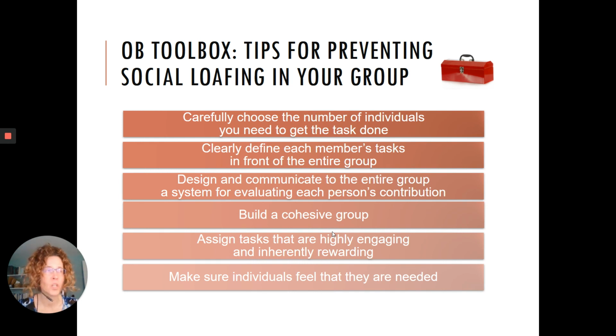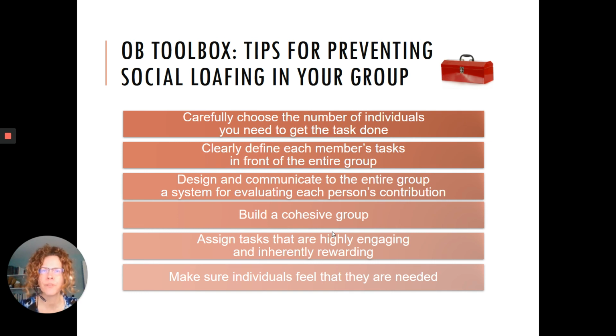How can we prevent social loafing or slacking off? Well, choose carefully the number of people we have in our group. Never have more people in the group than are absolutely needed to do the job. Otherwise, somebody's going to slack off because they can. It's rational behavior at that point.